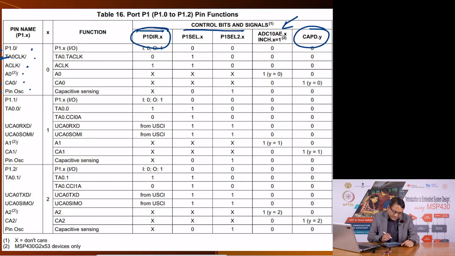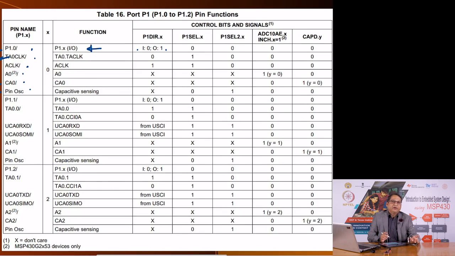So, let us see, if we want to use the pin as an input output pin, then what should be the value of the direction register, what should be the value of the two registers called select and select 2, and the rest of the registers. Now, you see here I can write a 0 or a 1 into the direction register.